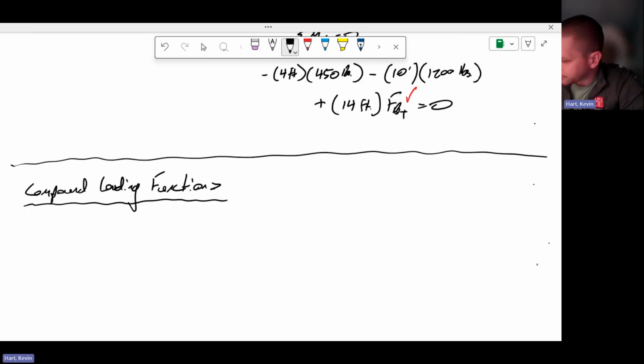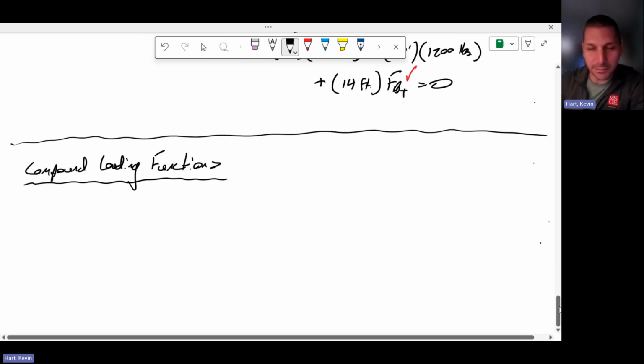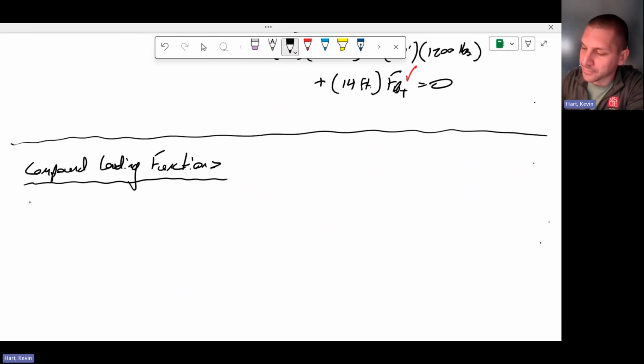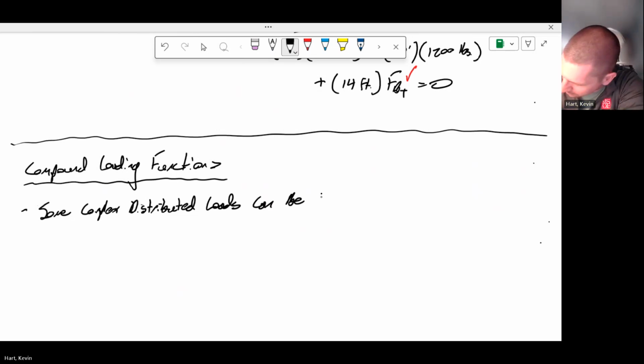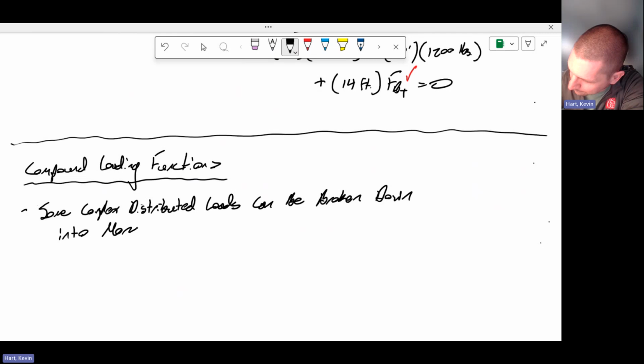So some loading functions that you see can actually be broken down into more simplistic loading structures that we've already talked about. So some complex loads, distributed loads that is, can be broken up into more simplistic distributions.